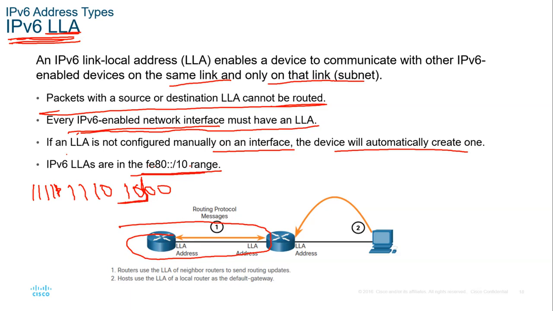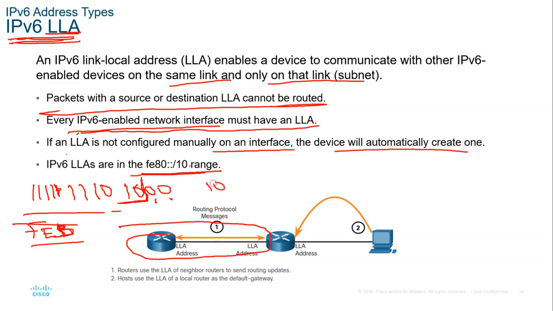If this changes, the range will go 10, then 11, so B, up to B. So it will be FE8 up to FEB, something like that.